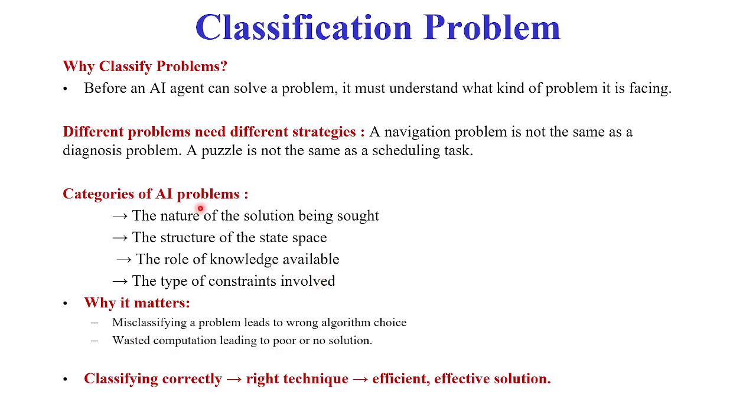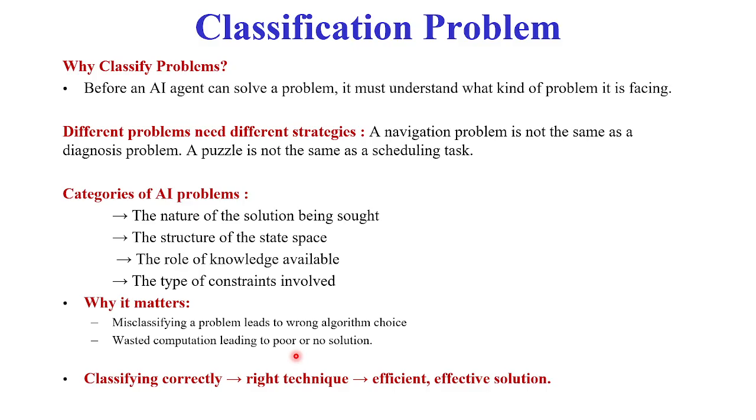So why are all these four key dimensions important? Because when you misclassify a problem, that leads to a wrong algorithm. When you make a wrong algorithm choice, you have poor results, waste your computation time, and ultimately you end up with no solution.